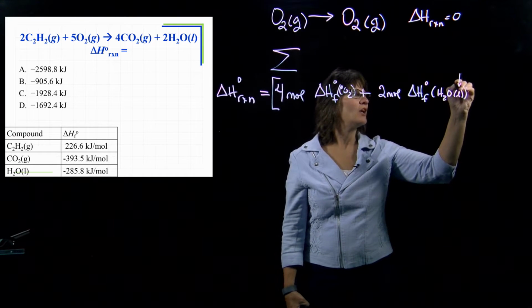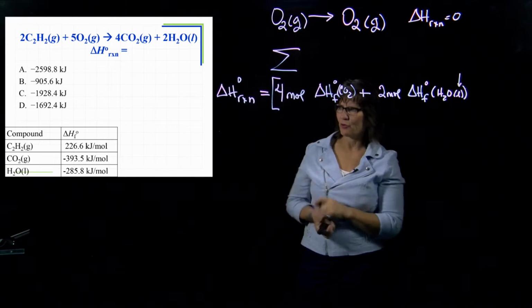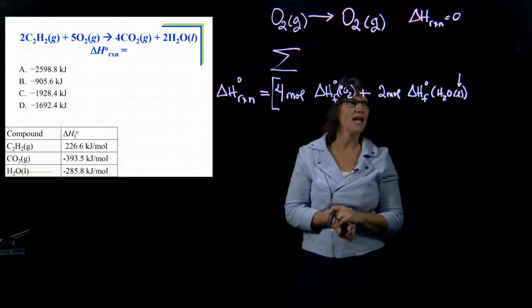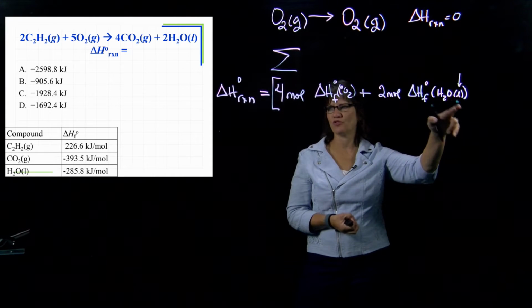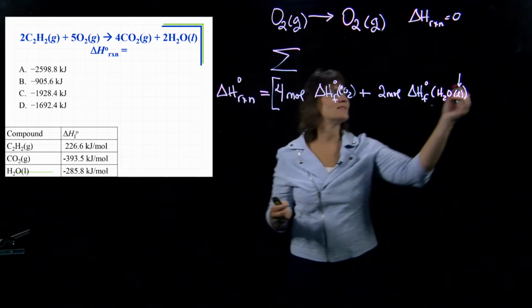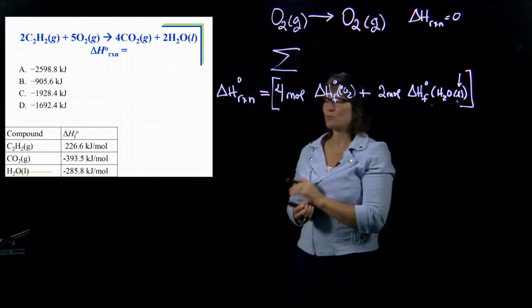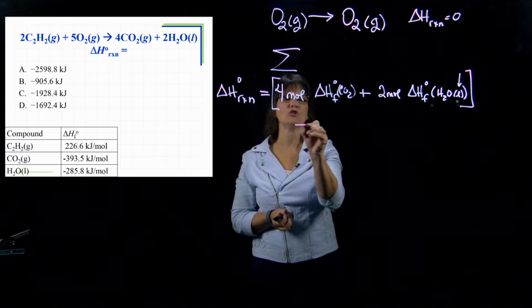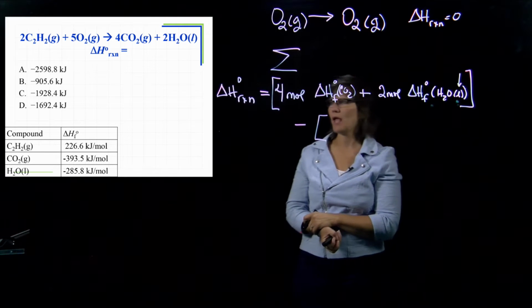While I'm thinking about it, make sure you're very careful when you go to tables, because I've pulled out the right ones for us down here, but when you go to tables, it'll have H2O liquid, H2O gas, H2O solid, and you need to choose the right one for your problem. So that is the summation of all the products. And then it's products minus reactants, so you're going to subtract from that all of the delta H of formations of the reactants.